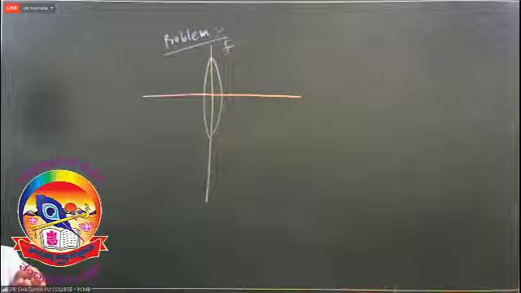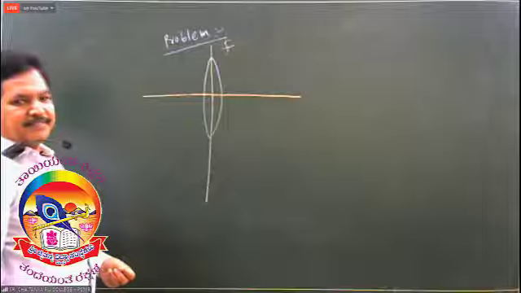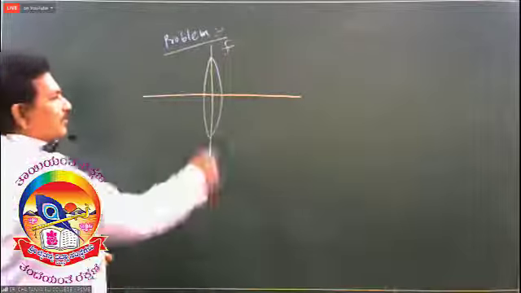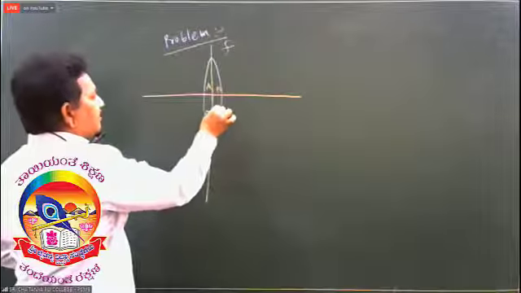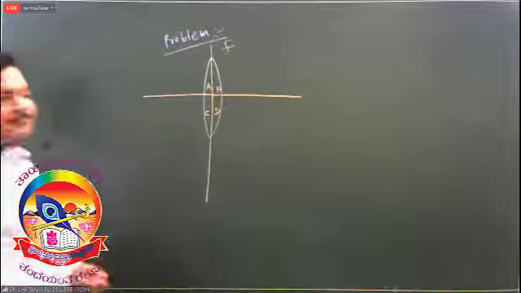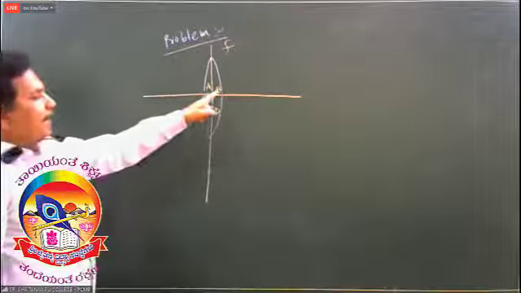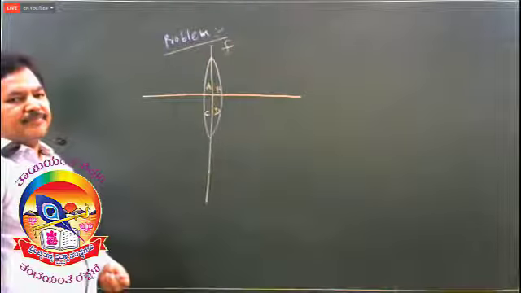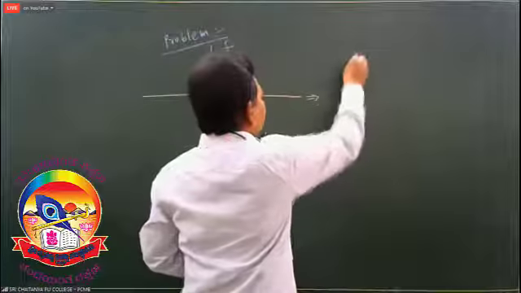First it was divided perpendicular to the principal axis. Next it was divided parallel to the principal axis. This part is A, this part is B, this part is C, this part is D. I want the focal length of A, B, C, D, each piece.